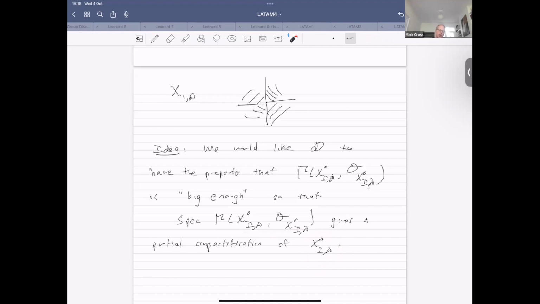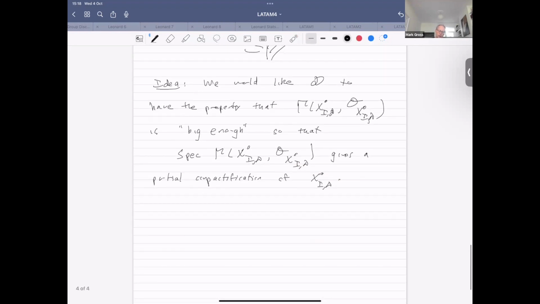So the key point is we need to be able to construct functions on X_open_ID. That's where the next concept comes along.